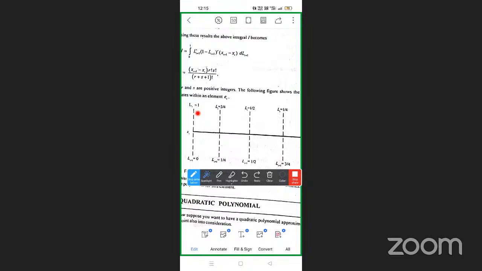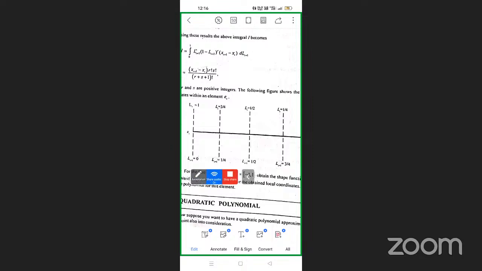Next, here also 1, decreasing: 1 minus 0.25 is 0.75, minus 0.25 is 0.5, minus 0.25 is 0.25. So these are the local coordinates, based on L values 0 to 1. So this is the graph.